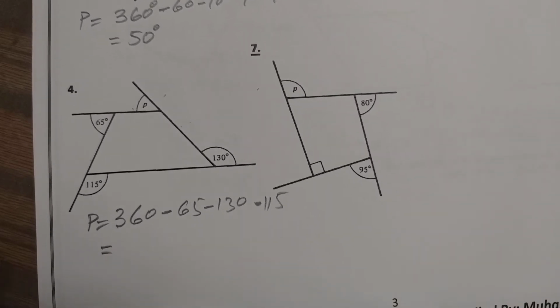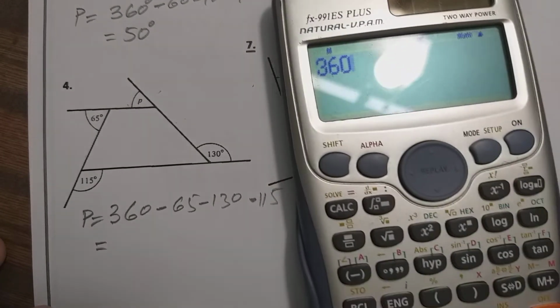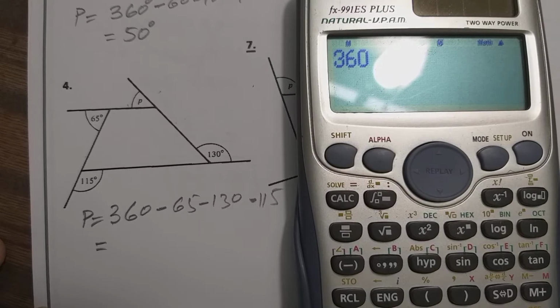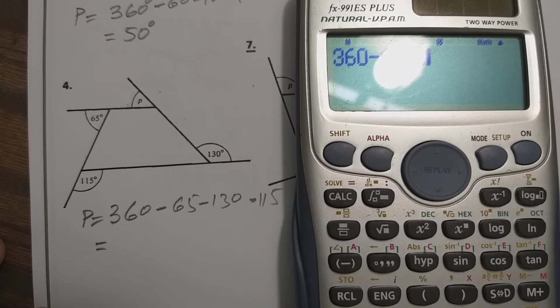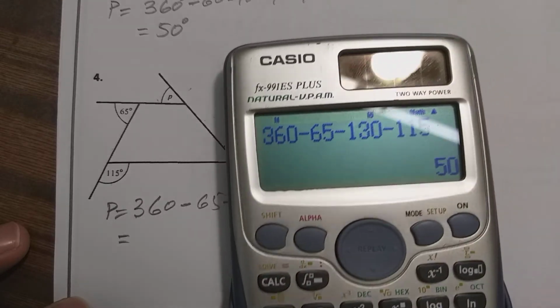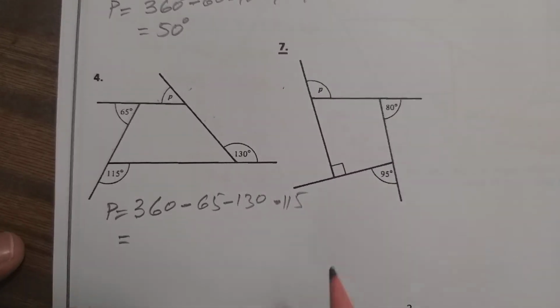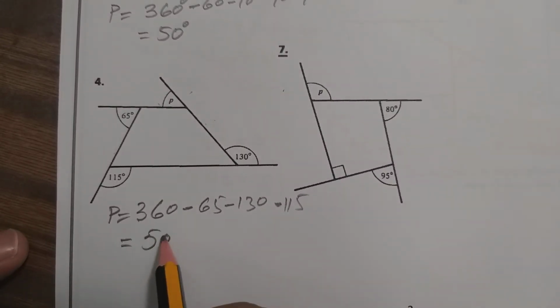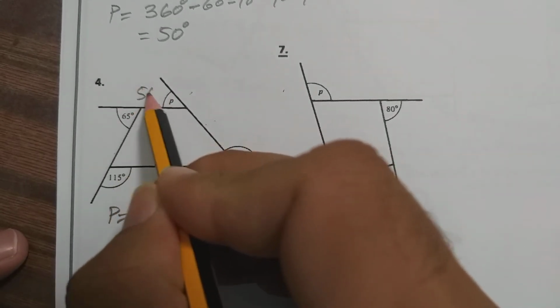Taking them out from 360 gives us 50. So this angle equals 50 degrees, so p equals 50 degrees.